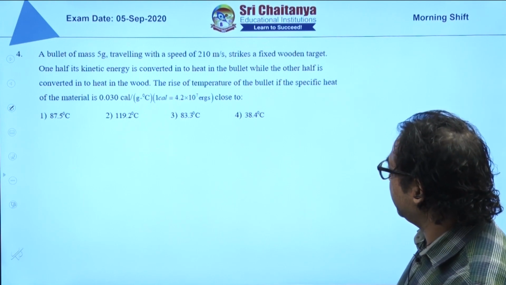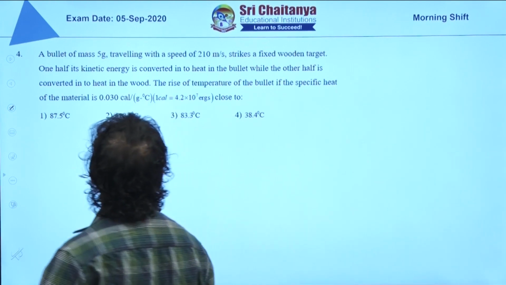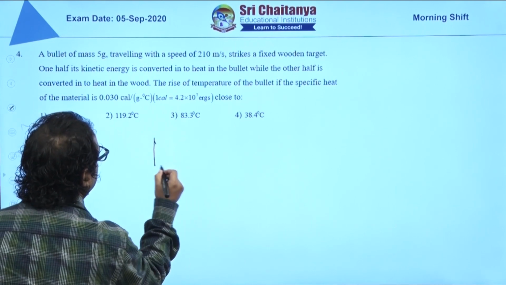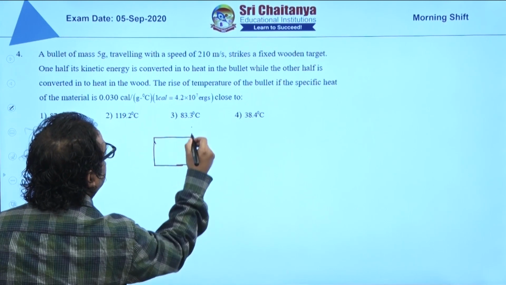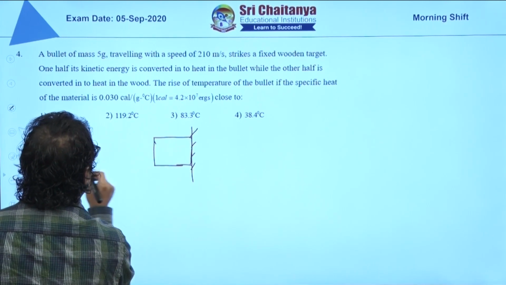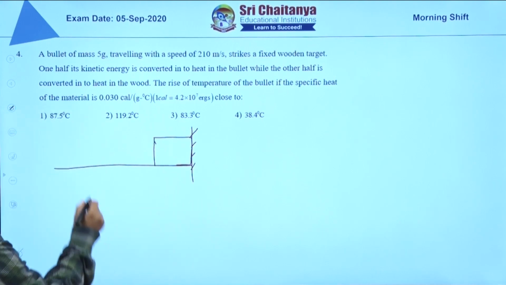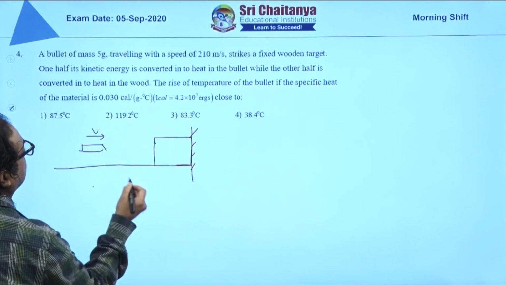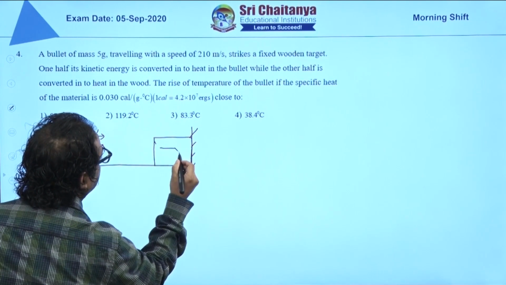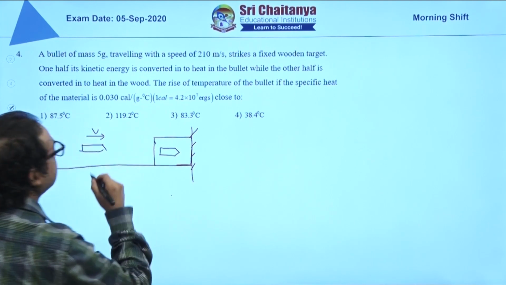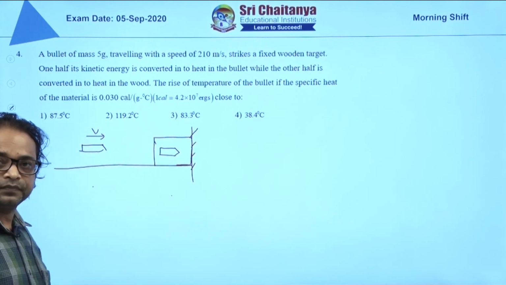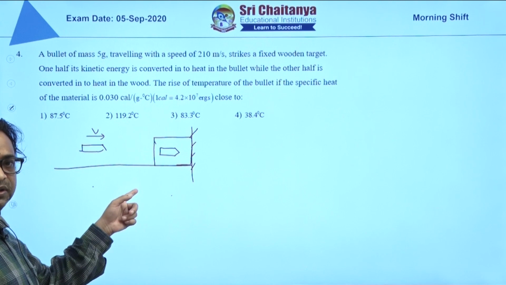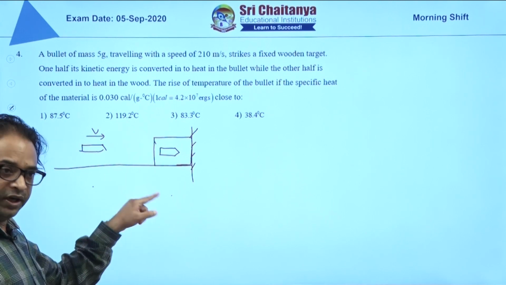Basically the question is, let us say this is a fixed wooden target. Now a bullet is moving with a velocity v. Once it gets embedded into it, its entire kinetic energy is lost and converted into heat, but 50% of the kinetic energy is converted into heat of the bullet.